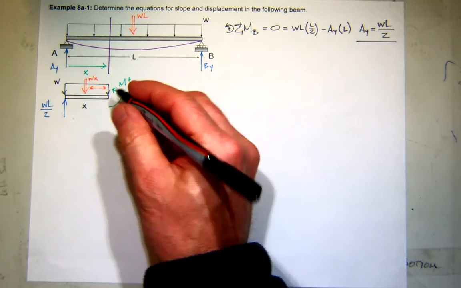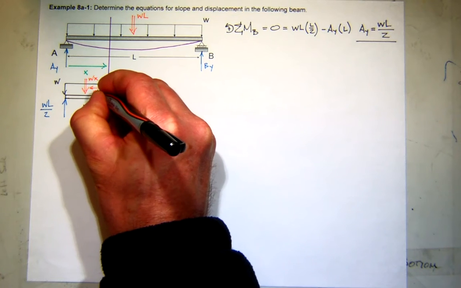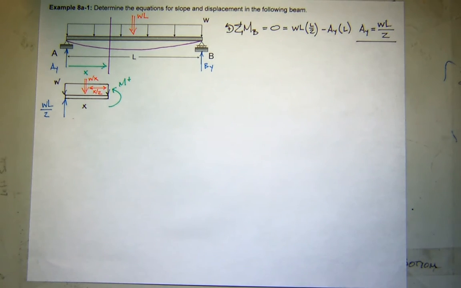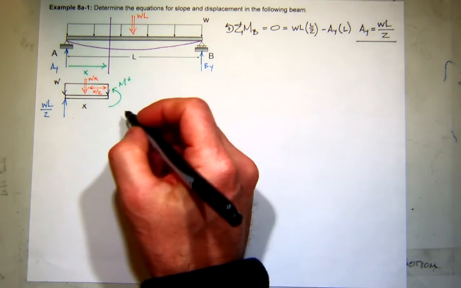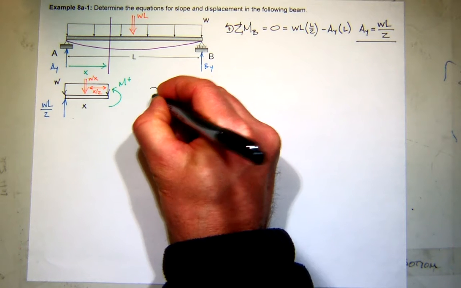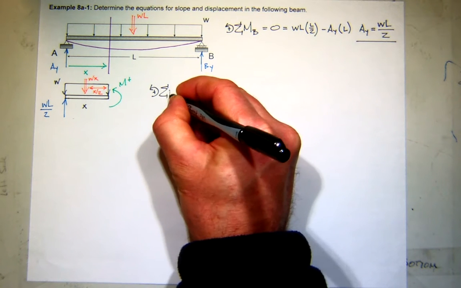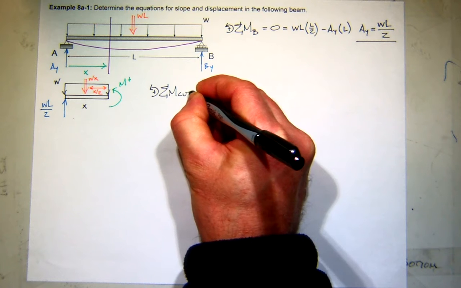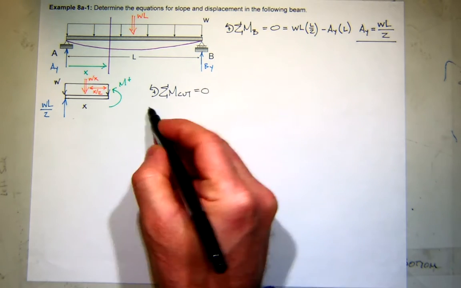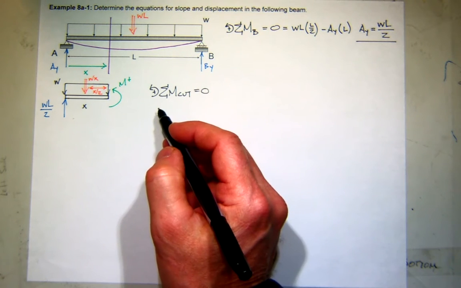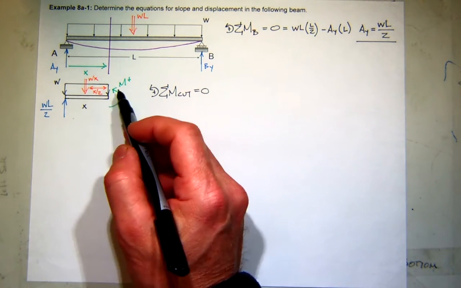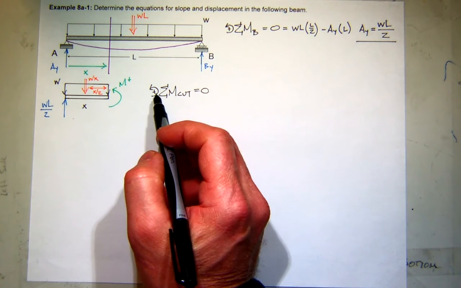The length is x, so it's going to be x over 2. So I'm going to find my moment. Again, I'll sum moments. As usual, I'll assume right-hand rule, and I'm going to make sure that at this cut surface, there's no rotation. So looking at this free body diagram, this moment is what? Positive moment.